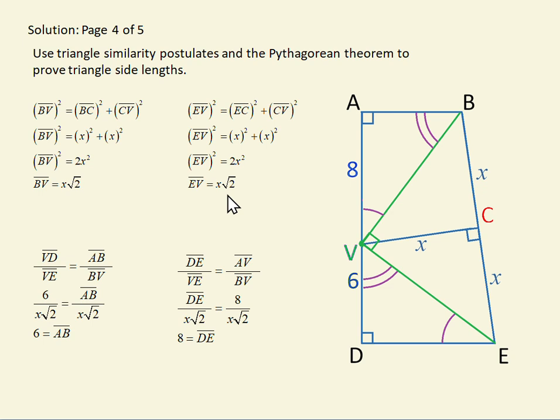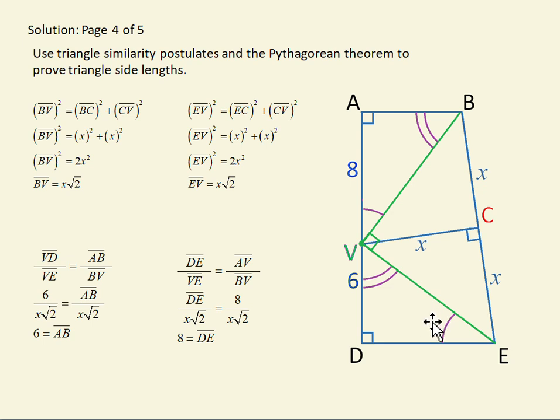I go to the proportion part. Corresponding parts of similar triangles and congruent triangles are proportional, but in congruent triangles, they're congruent. So DV over VE is simply the sine function, and that would be the sine of DEV.